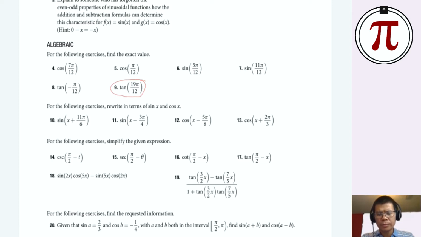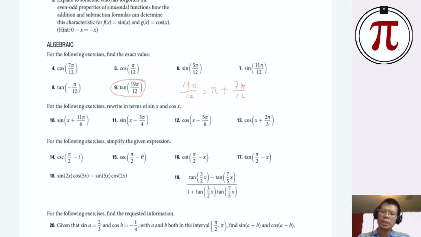So this is tangent 19 pi over 12, right? So this one can be written as what? 19 pi over 12 equals pi plus 7 pi over 12. Yes?